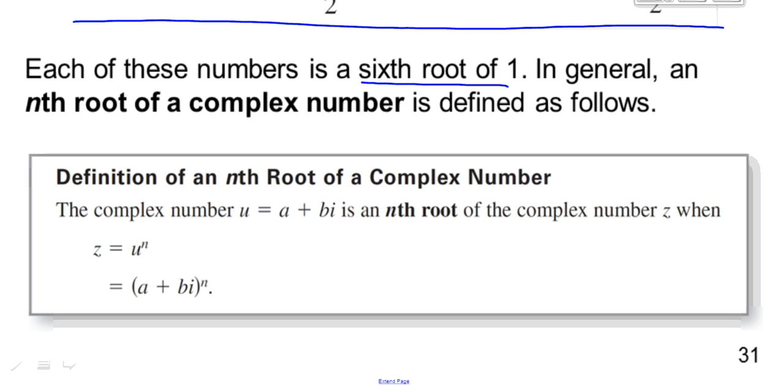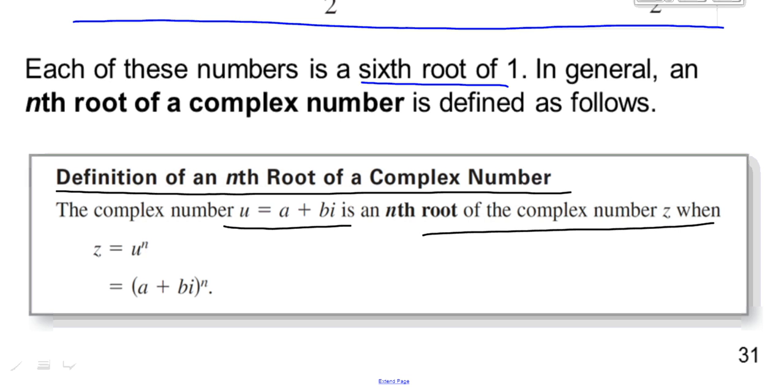So the definition of the nth root of a complex number: if the complex number u is a plus bi, then u is an nth root of the complex number z when z equals u to the n, so a plus bi to the n.